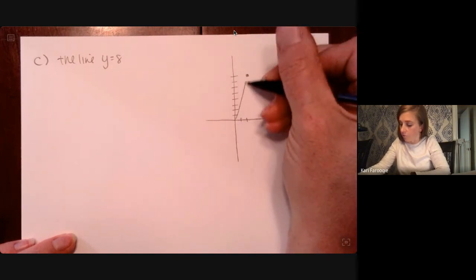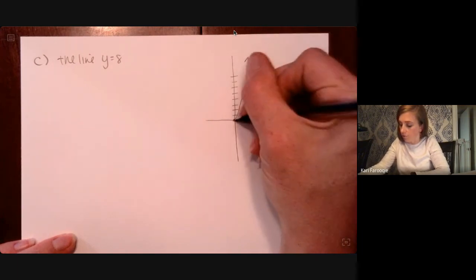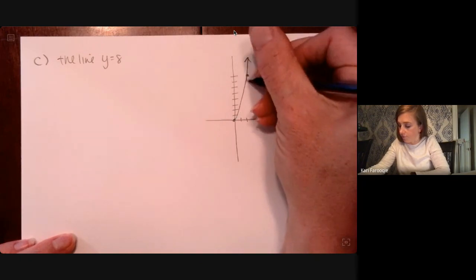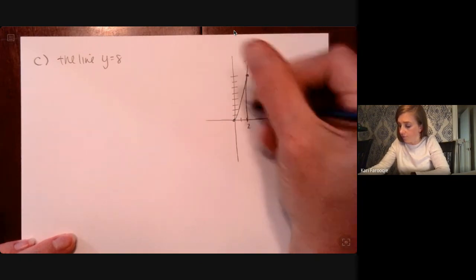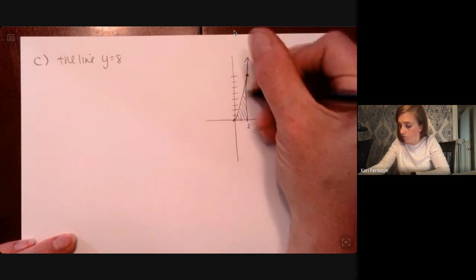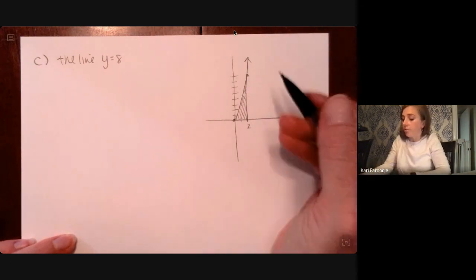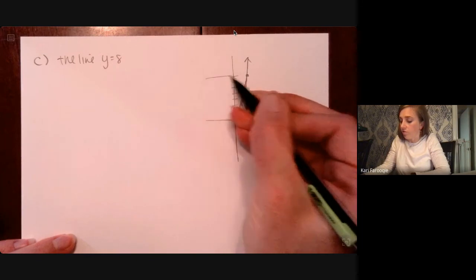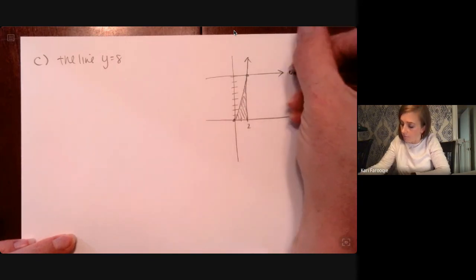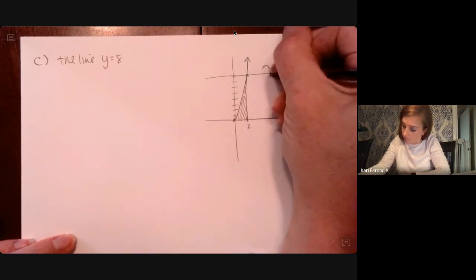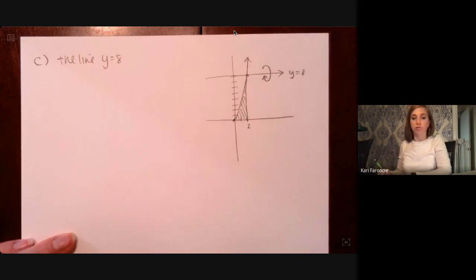We had this parabola running through. We cut it off at 2. If we revolve this about the line y equals 8, well, that's the horizontal line that goes through y equals 8.